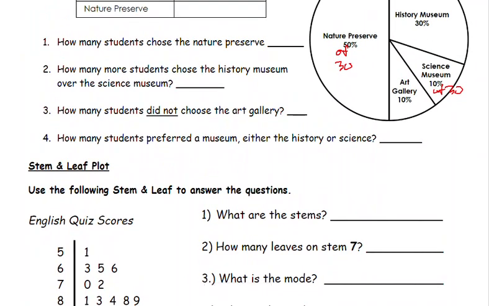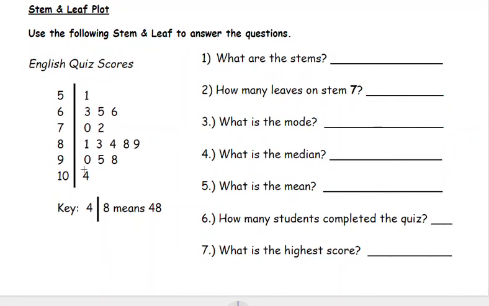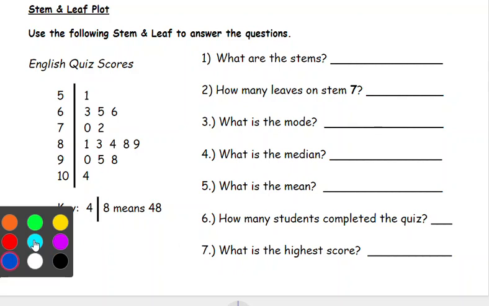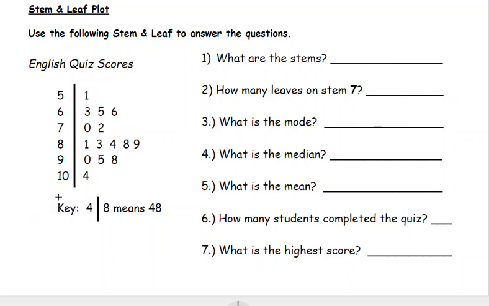Lastly, we have our stem and leaf plot. And when we have a stem and leaf plot, the most important part of it is the key down at the bottom that tells us how to read it. If we look at our key here, we can see that the number on the left, the stem, is 4, and the leaf, the number on the right, is 8.